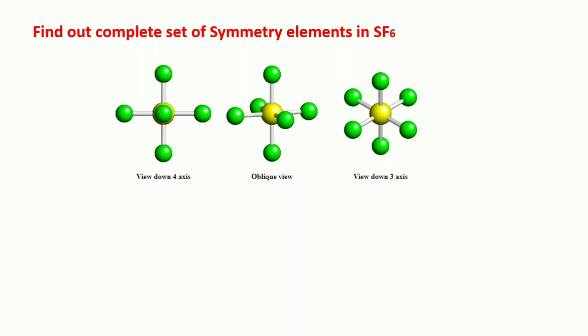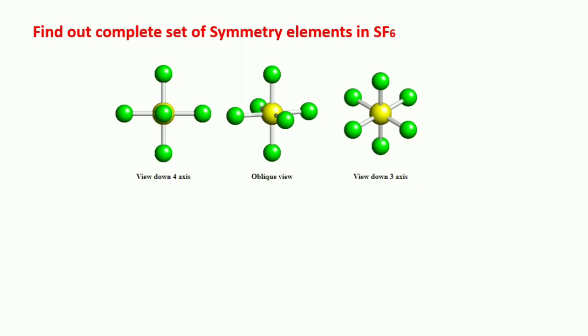But for your knowledge, I would like to tell that there are about 48 symmetry elements and operations found in SF6, including identity, 8C3, 6C2, 6C4, 3C2, inversion center, 6S4, 8S6, 3 sigma h, and 6 sigma d.